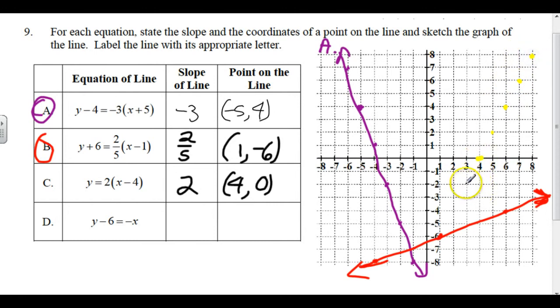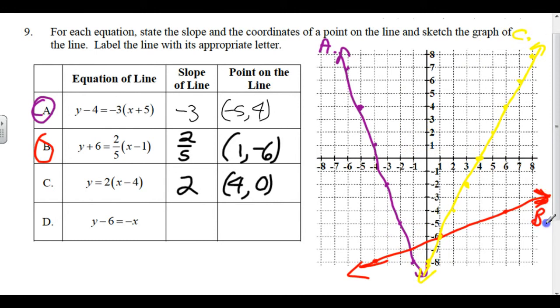Positive slope, right? Down 2, left. You can draw it faster than you can say it. Lots of yellow dots, right? They should all be in a straight line, so when you line them up with your ruler or the base of your calculator, then you can draw. And that is C.